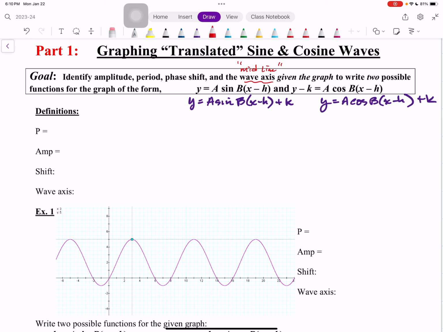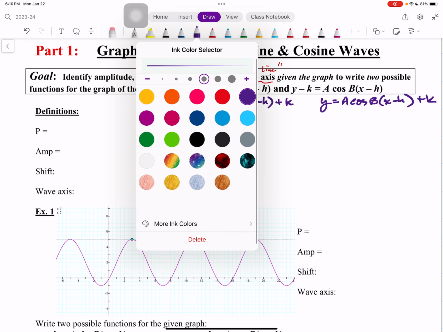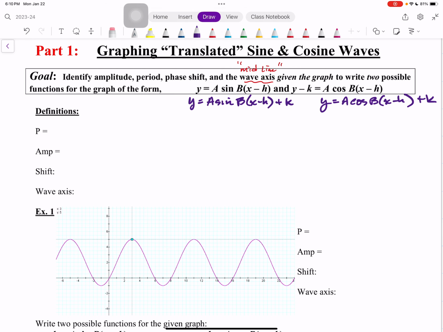So let's define our terms first, like the period, the amplitude, shift, and all that. The first definition: the period is just the distance between two successive maximums or minimums. P stands for period, as you guys know. That's nothing new here, and it represents your distance.